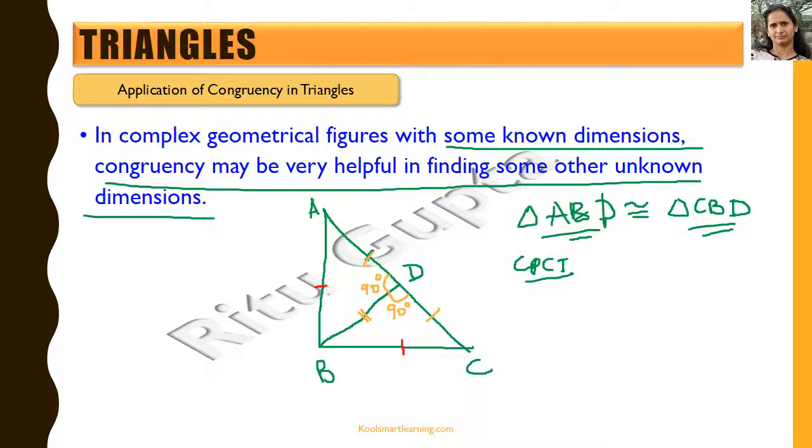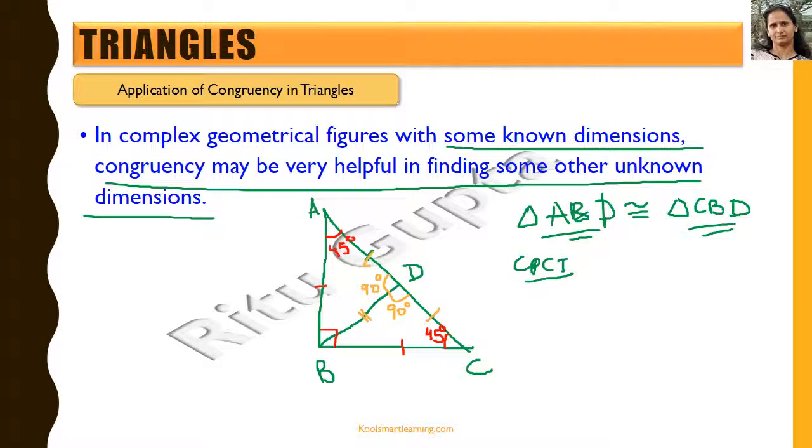So if we have AB equal to BC, we know that these two angles will be equal, and then since the sum of these two angles is 90 degrees, these two angles will be individually 45 degrees each, this being the 90 degree angle, because we had this originally as a right angled triangle.